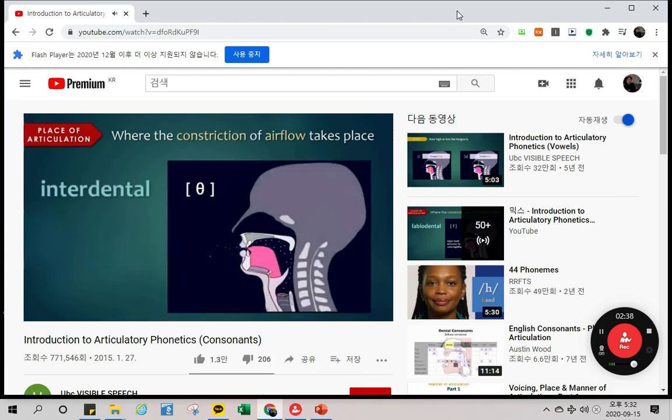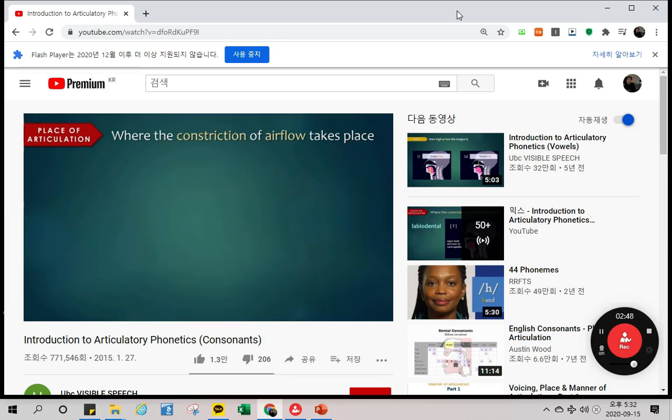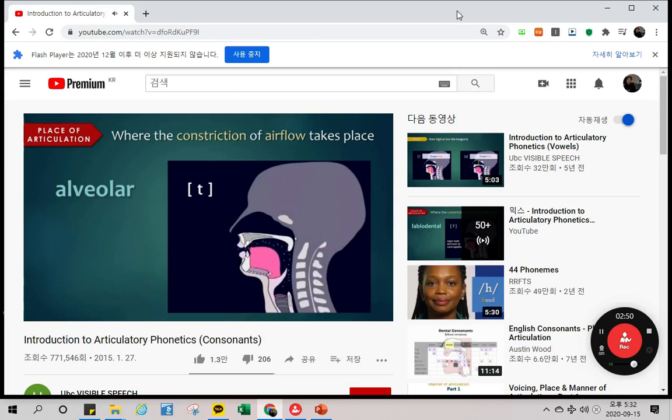Interdental sounds are produced with the tongue in between the upper and lower teeth, such as th. Alveolar sounds are produced with the tongue at or near the ridge, right behind the upper front teeth, such as t, d, s.